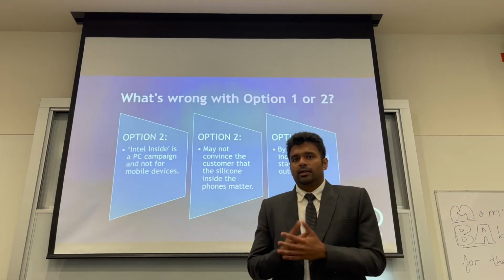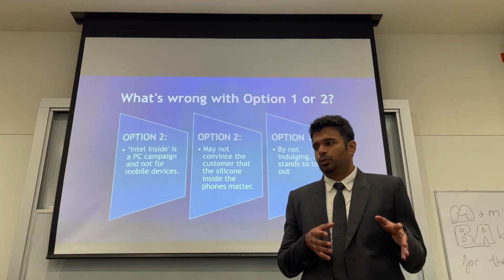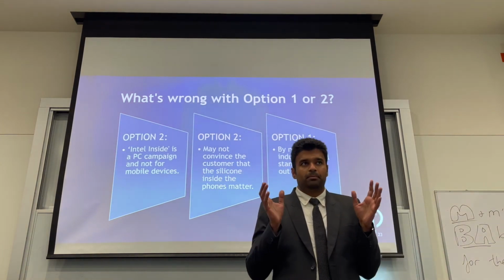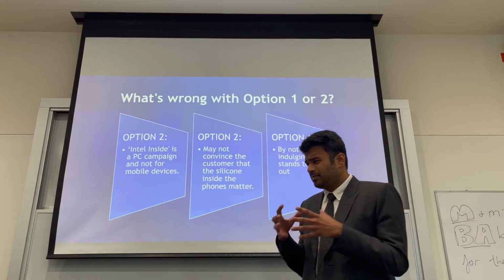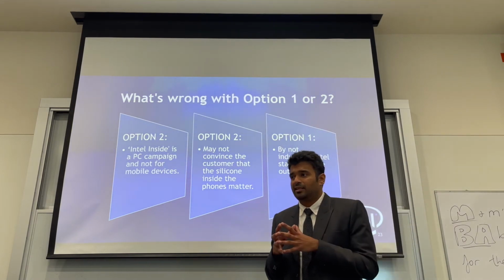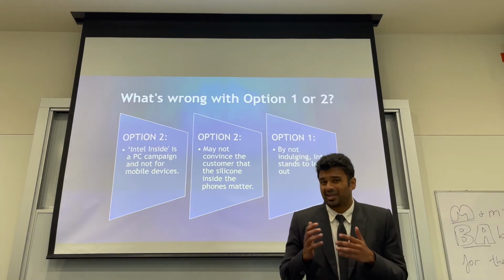Now we've understood that, why did we go with option 3? Let's talk about why we eliminated option 2 and option 1. So option 2 essentially spoke about using Intel Inside onto the mobile devices. Now, this might lead to certain confusion, as customers might just think, okay, Intel Inside was meant for PC computers, what are they trying to do here?